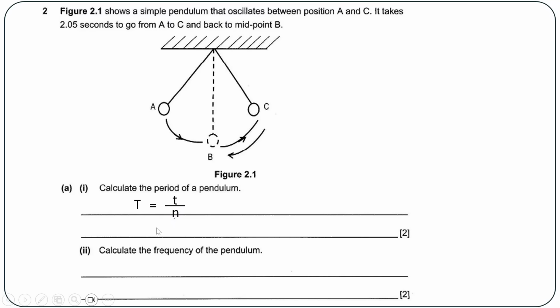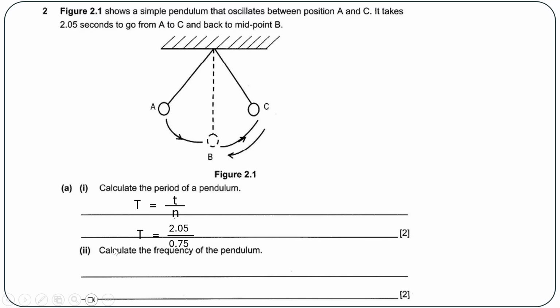So we substitute: T is equal to 2.05 divided by N, the number of swings from A to C, which is half, then up to B, which is 3/4. So 3/4 is the same as 0.75.